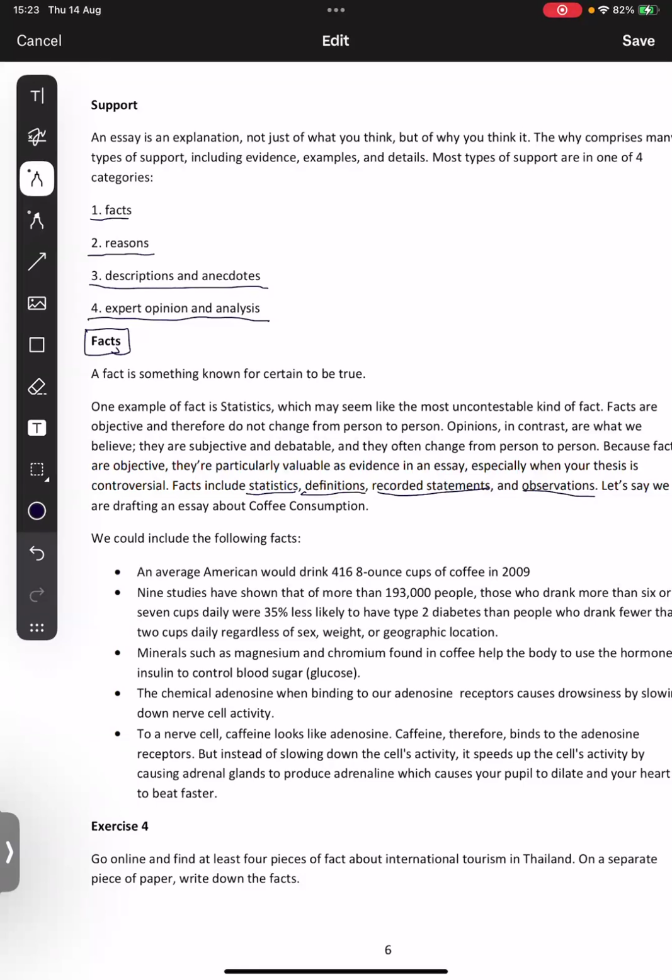Statistics might be probably the most popular, the most commonly used facts. Basically numbers. Numbers are usually considered to be good facts because they can be measured, they can be proven. If I say John is 6 feet tall, this is clearly a fact, right?